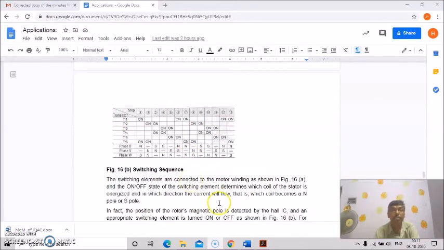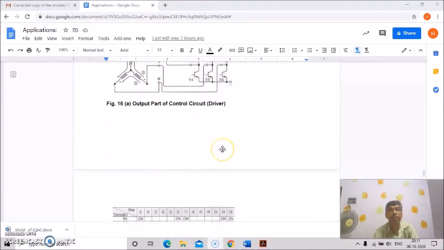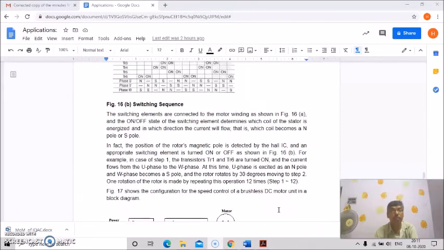Okay, the switching elements are connected to the motor winding as shown in this figure, and the on-off state of the switching elements determines which coil of the stator is energized and in which direction the current will flow, that is, which coil becomes a north or south pole.